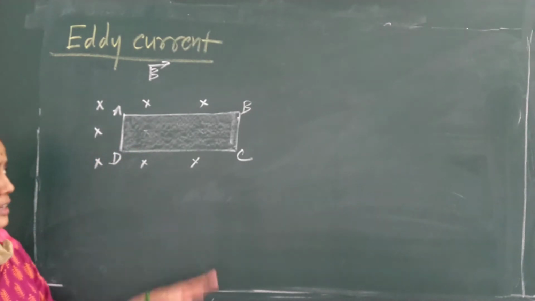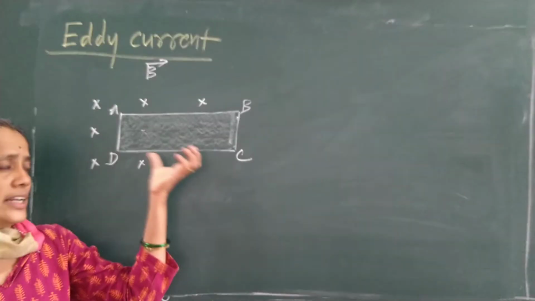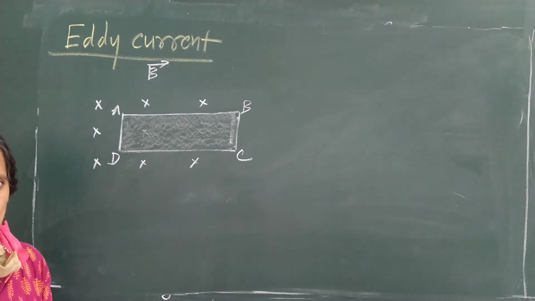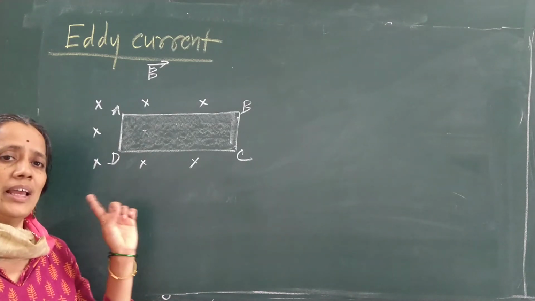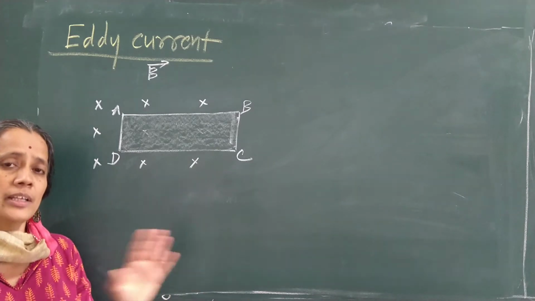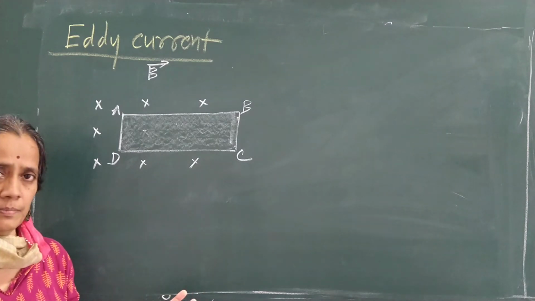Now, what is the initial thing? Your solid rectangular plate is at rest in the uniform magnetic field. So, field is uniform, plate is at rest, no change in magnetic flux. Therefore, there will be no induced current.